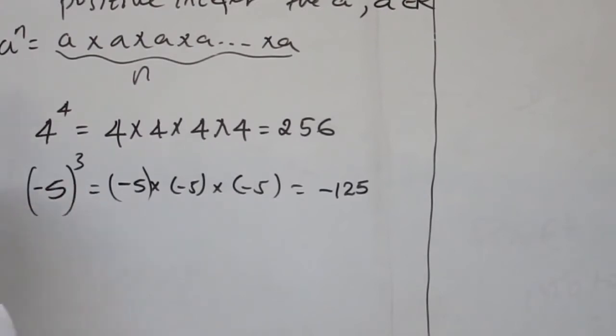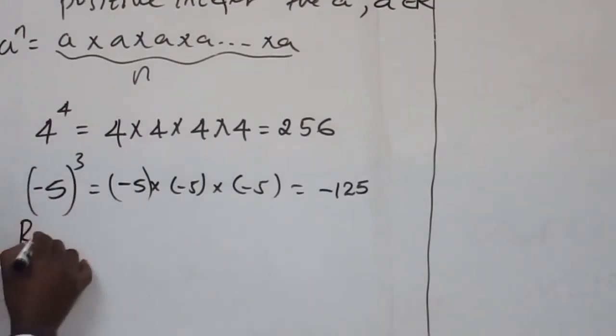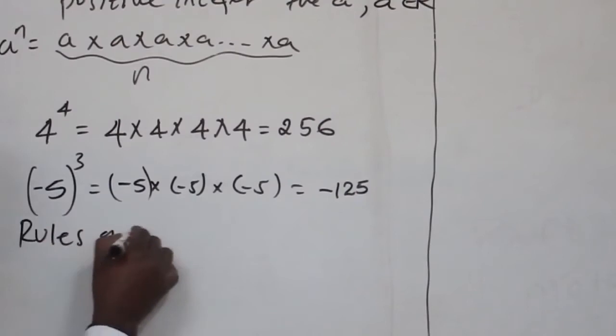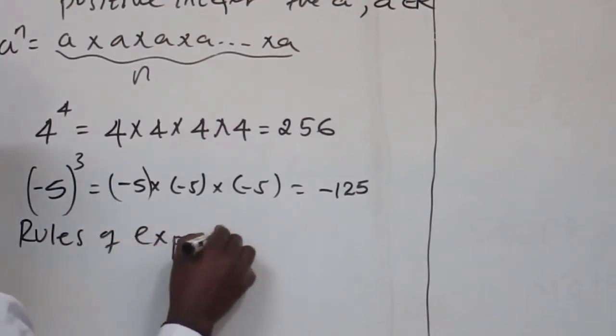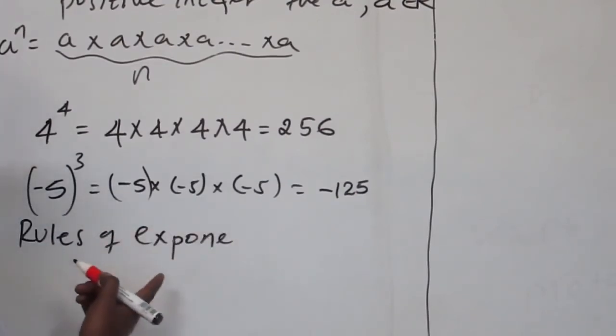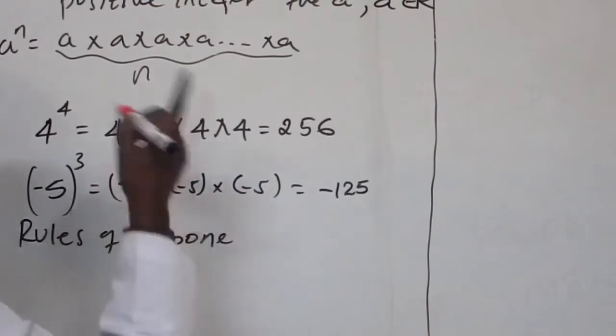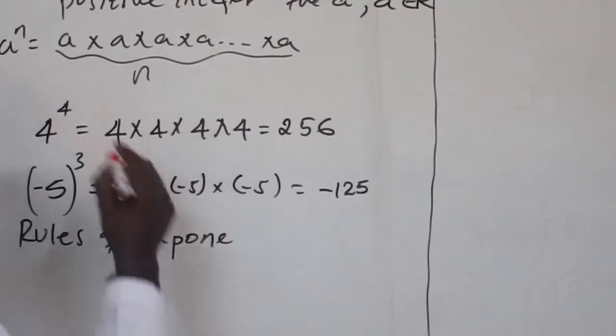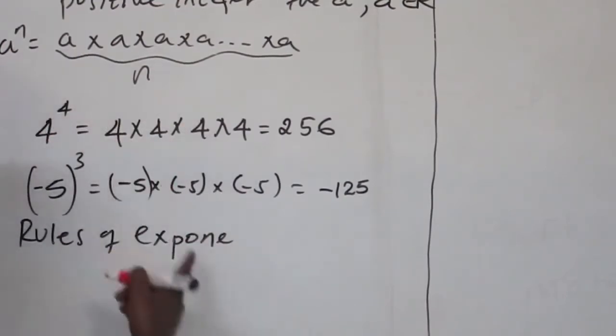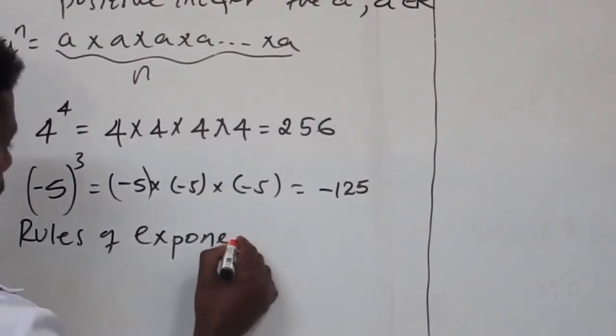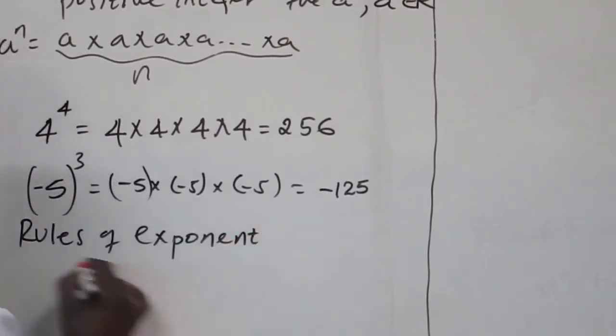The next topic is the rules of exponents. As we said, an exponent means multiplying the base as many times as the exponent says. There are rules for exponents to simplify numbers.